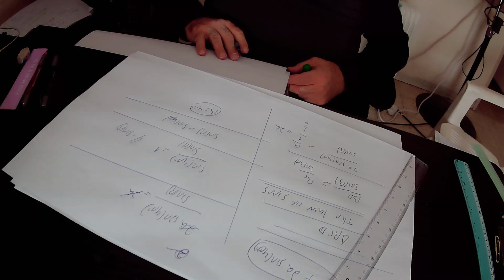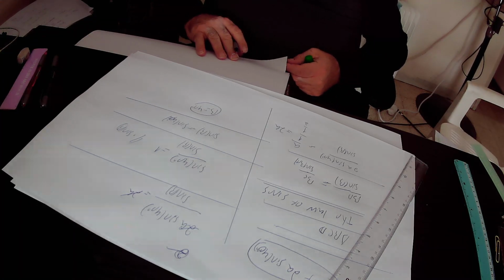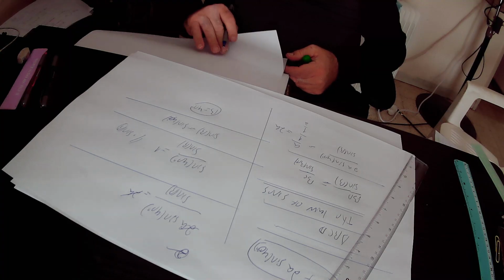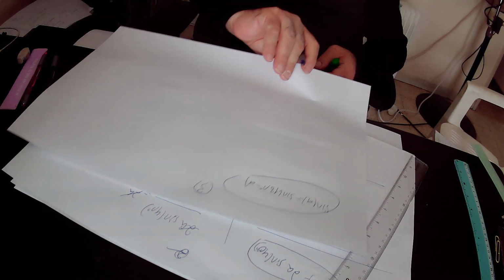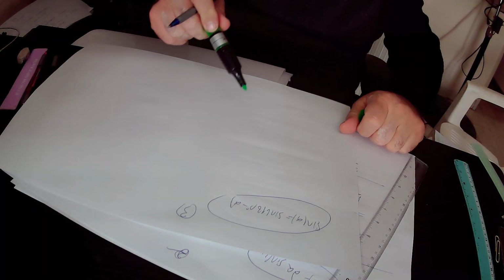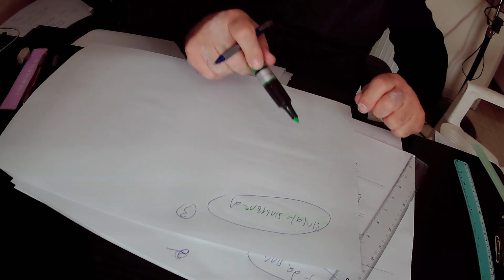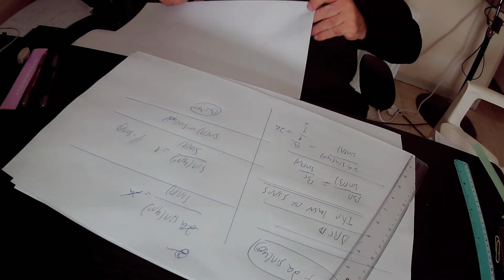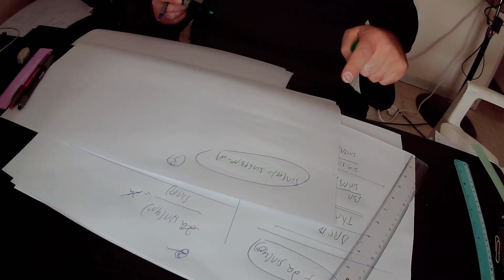And again, here's the trigonometric identity that says that sine alpha equals sine 180 degrees minus alpha.